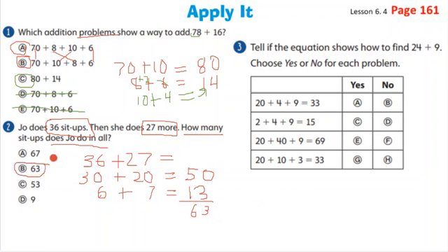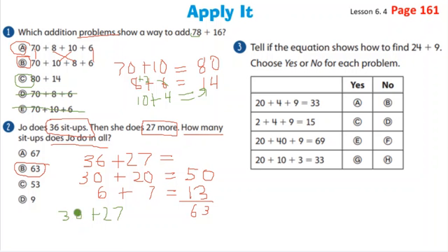But wait, there's more. Let's verify our answer using a different method. So I have 36 plus 27. Okay, so what I can do is say, well, wait a minute, let's make this a 40. How many more do I need to make this 40? Let's count on.